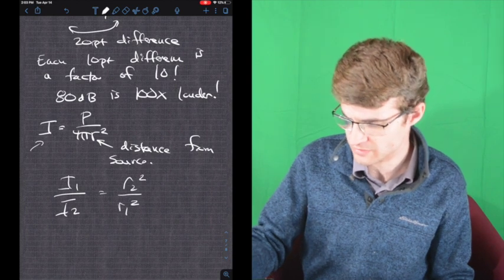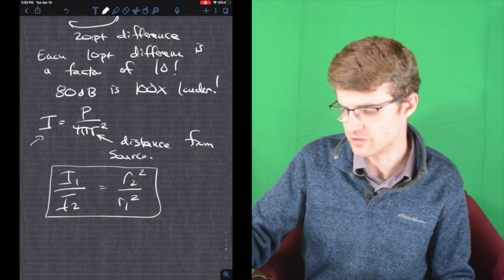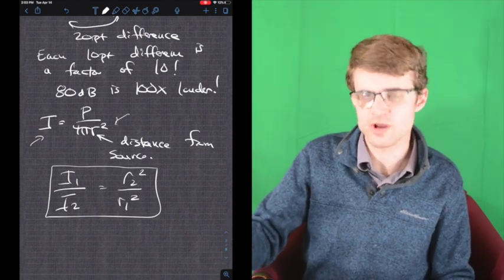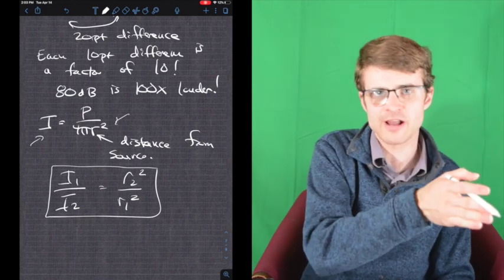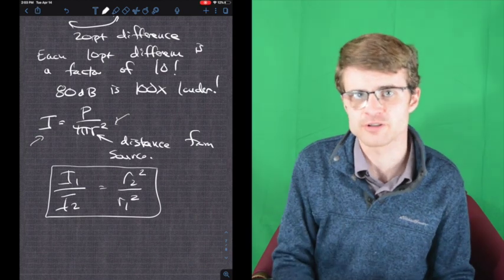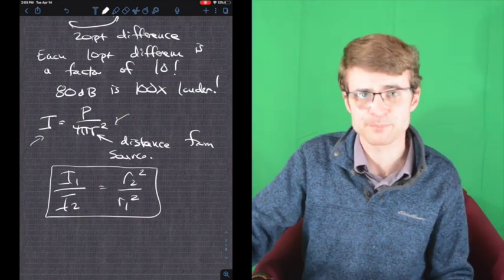So there's a proportion that you can run to do that. But in general, this is an inverse square law. If I move back by a factor of 2, the intensity as I perceive it falls off by a factor of 4. So it falls off rapidly. There's an inverse square law in operation there.